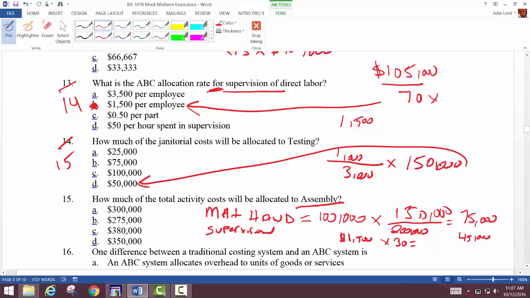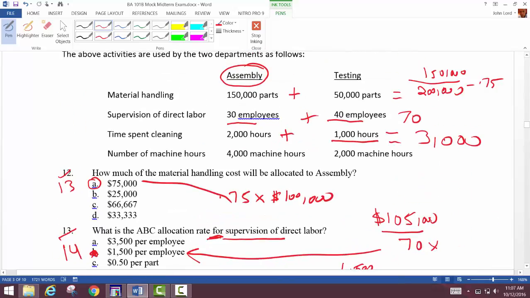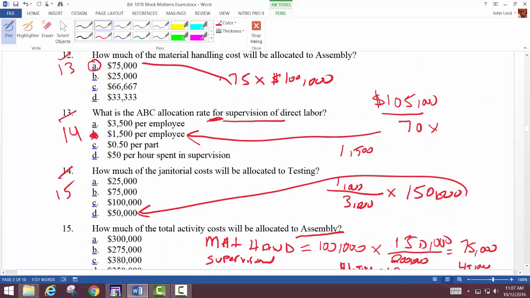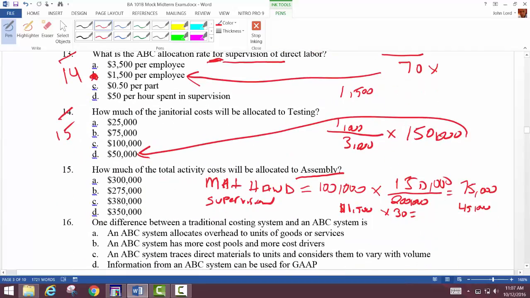And then the last one, I hope it's the last one. Oh no, got to do two more, right? Time spent cleaning. For the cleaning, we're going to take the total cleaning cost of 150,000. I'm losing myself here in this problem.